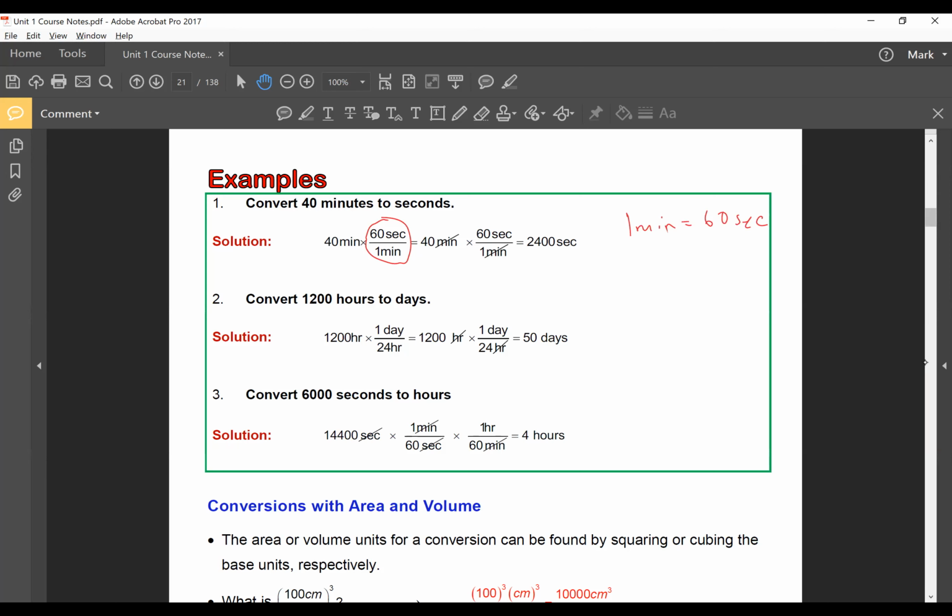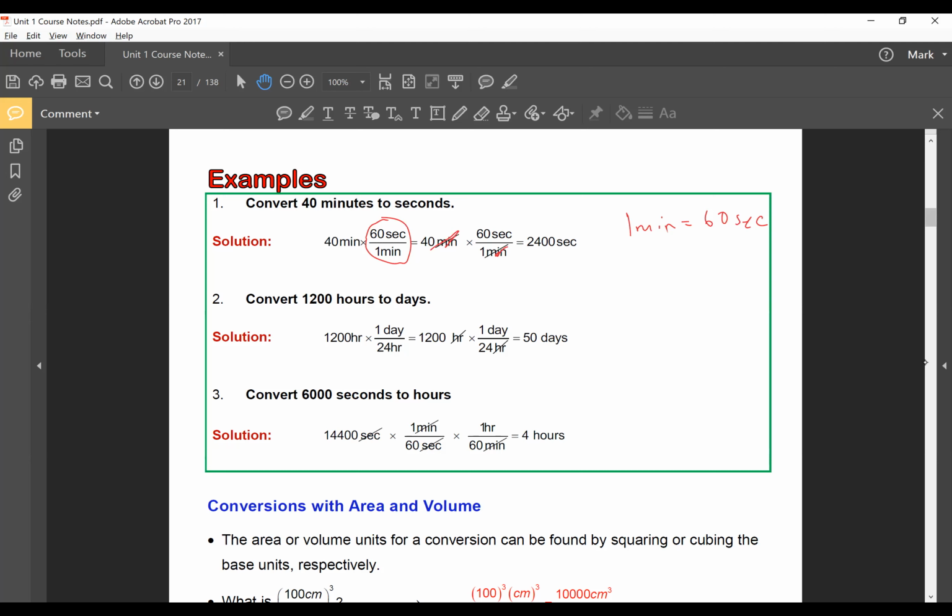I'm going to organize that so that my units cancel. I'm trying to change minutes into seconds. I want minutes to go away and I want seconds to remain, which you can see here. So again, remember if the unit is on the top and the bottom, they cancel each other out.